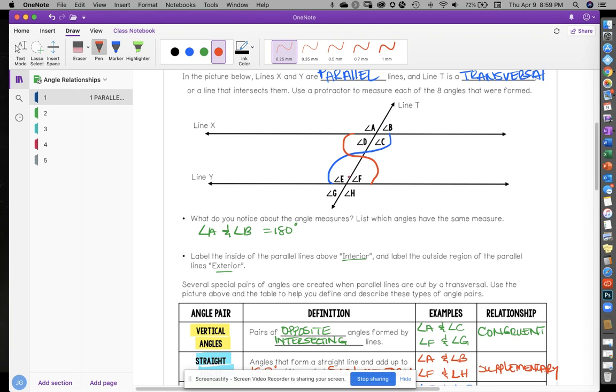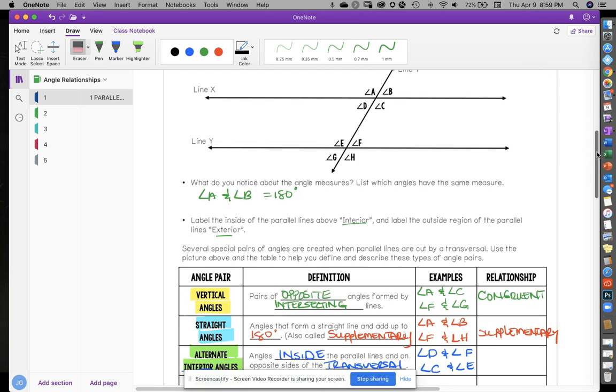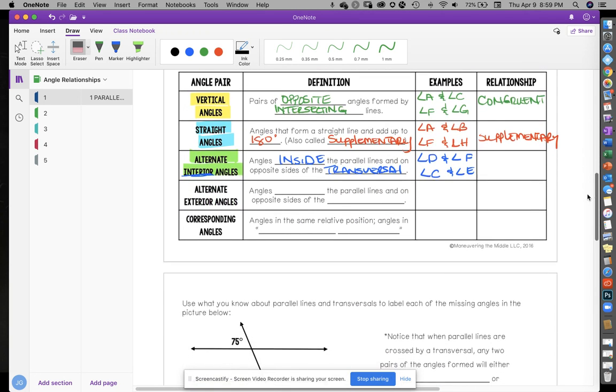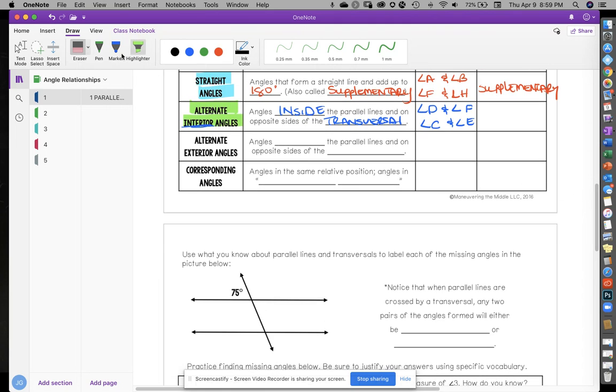If it makes that S shape, that means whatever D equals, so does F. Whatever C equals, so will E. So they share the same value measurement. And that's alternate, meaning opposite sides, interior meaning inside.